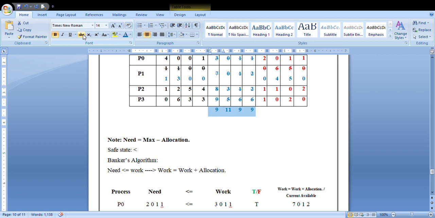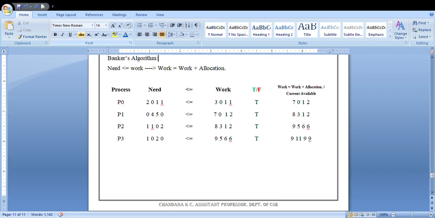In the safety algorithm and here, both will match as the same values. Now what is the safe sequence? There is no repetition, so the safe sequence remains the same. P0, P1, P2, P3. This is the safe sequence.